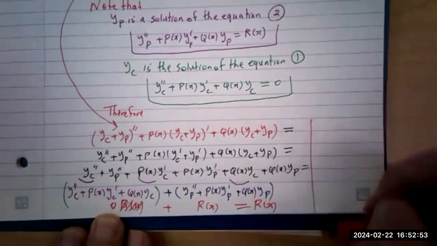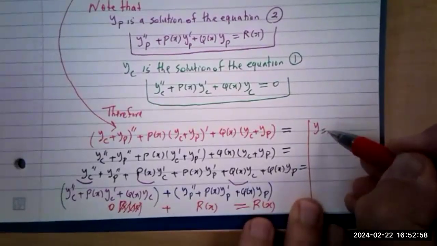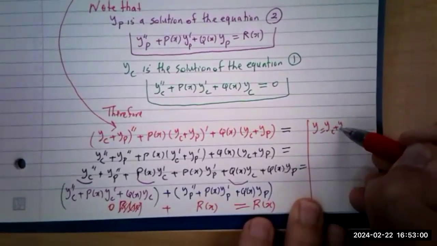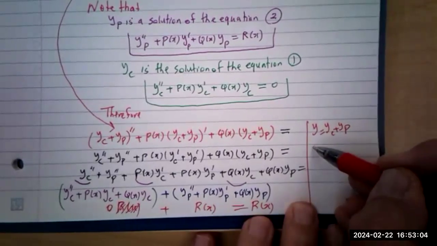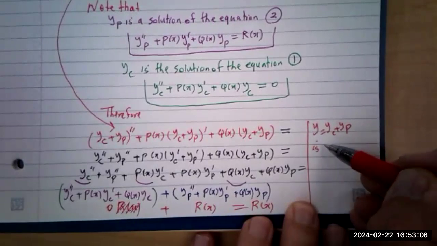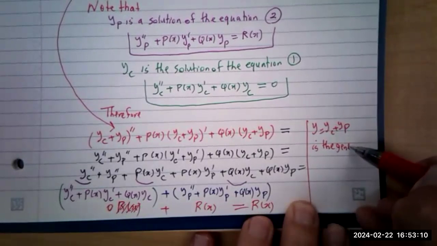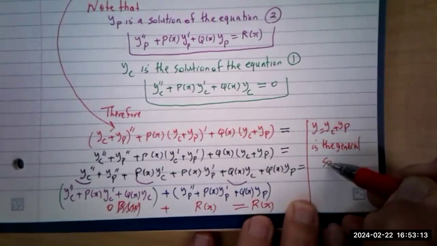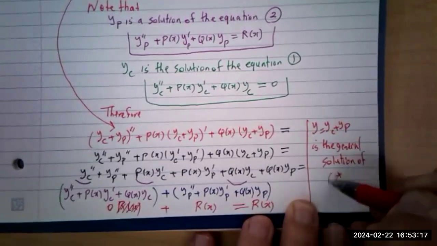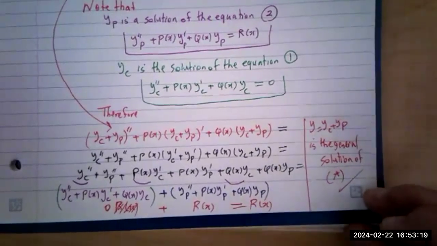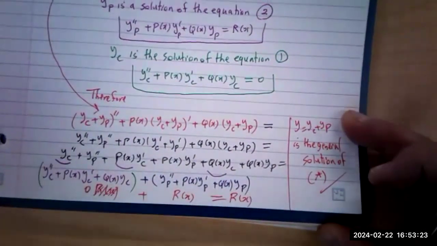So the conclusion is that y equal to yc plus yp is the general solution of that equation that I call the star, the general solution of a non-homogeneous second order differential equation.